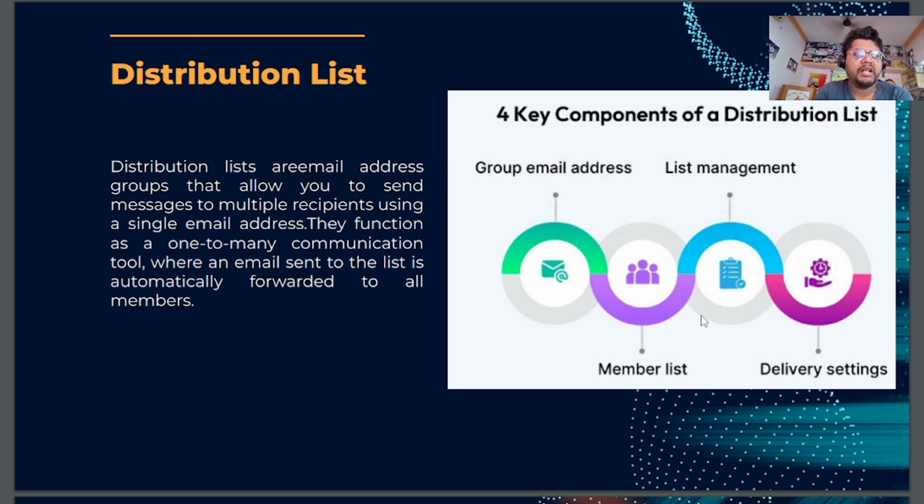Like we have 10 members who want to be part of that mailbox to get update notifications. So we will add those members in that group email. We will manage the list and then we will set the settings of that mailbox: who can send messages, who can broadcast messages, and who will only receive messages.